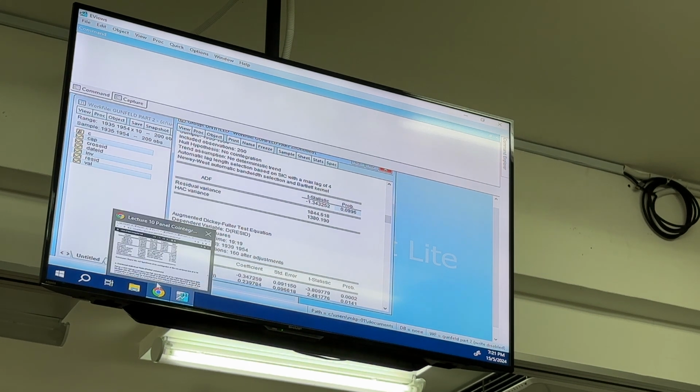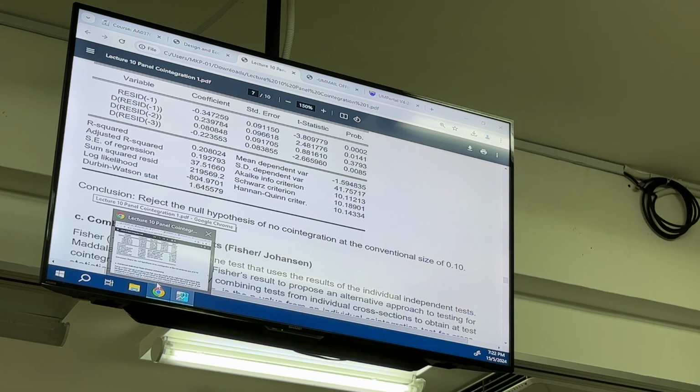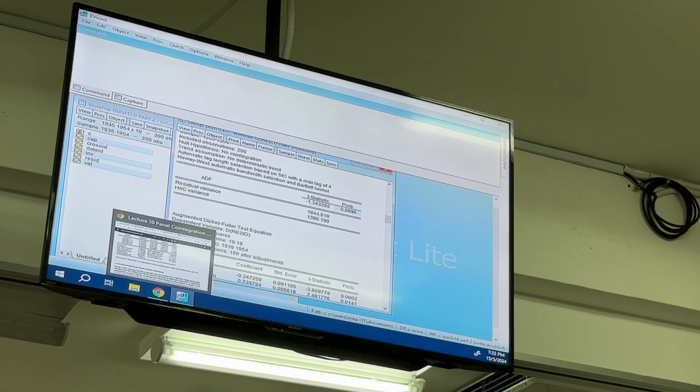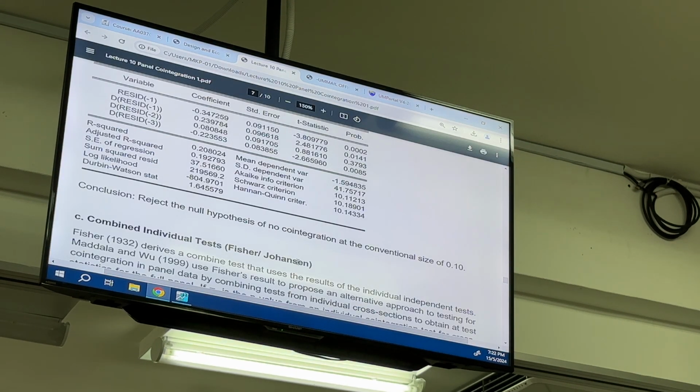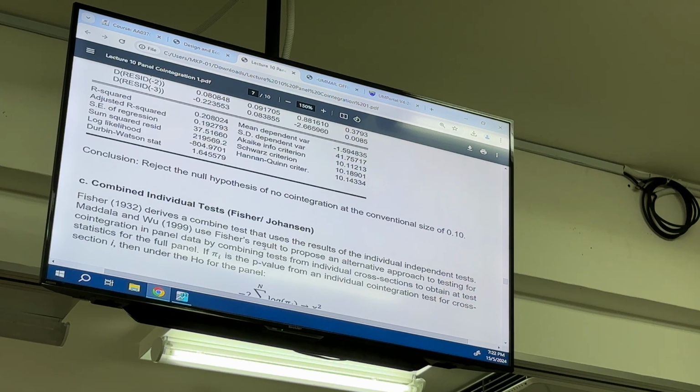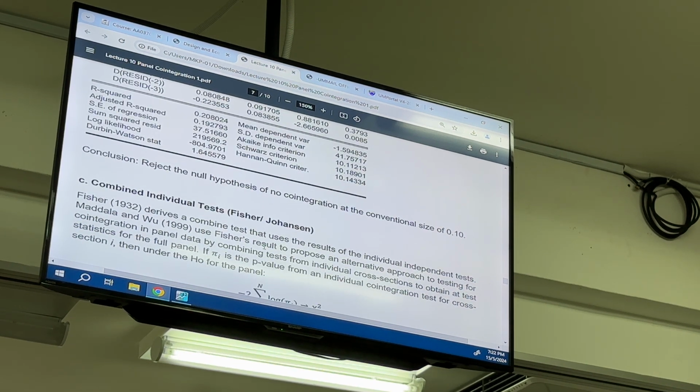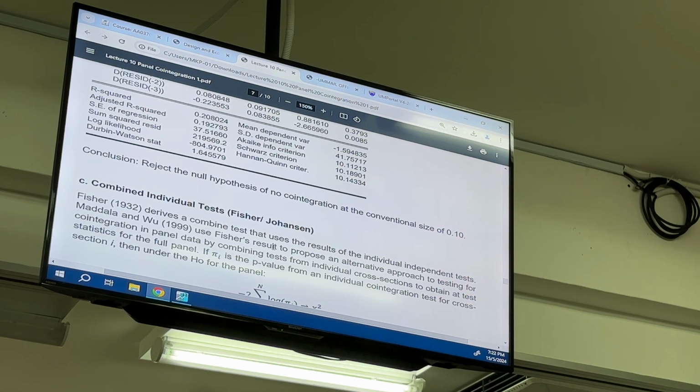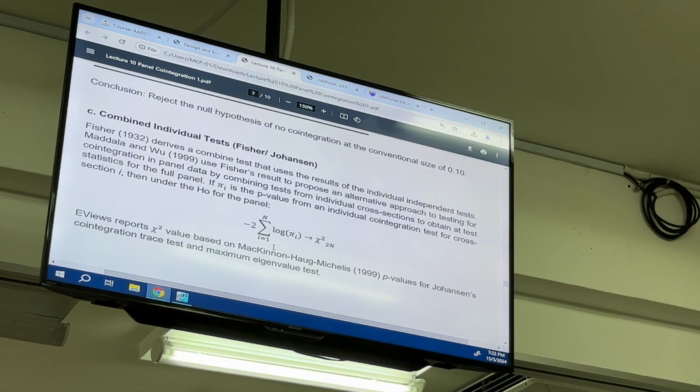So the difference between this Gao, Pedroni, and also this Fisher Johansen: just like Engle-Granger is based on a single equation to study cointegration, but Johansen is based on a multivariate approach, combined in a system. It's different compared with the Gao and the Pedroni type. So okay.